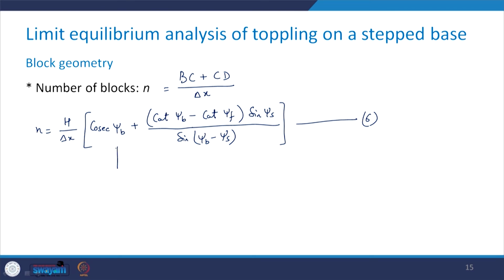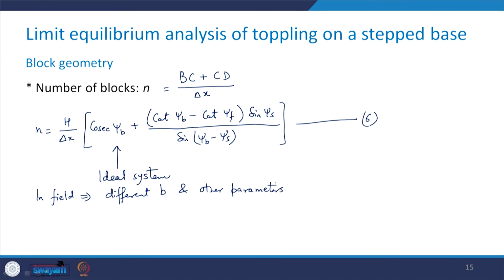Now, this is going to be an ideal system, because we considered that all the blocks have the same delta x and the same b. But what happens in the field? You will have different b and other parameters, so we have to be careful about it.